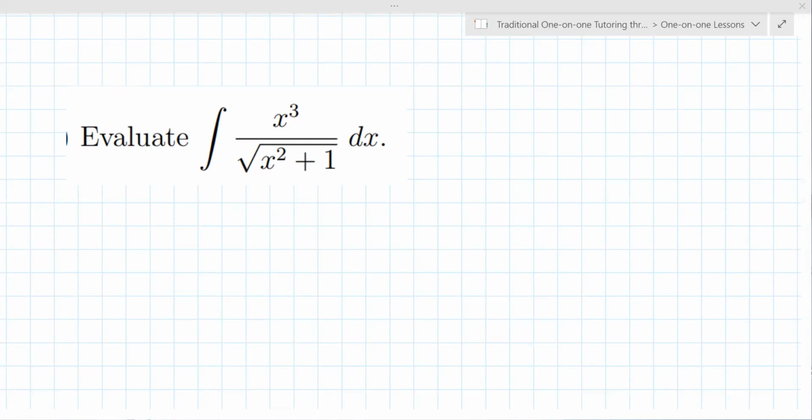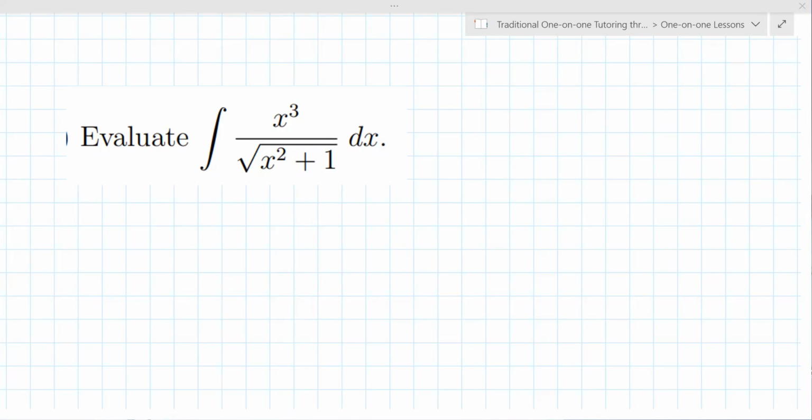Yeah, it sure looks like it. I think it's tan. Yeah, I was thinking tangent.